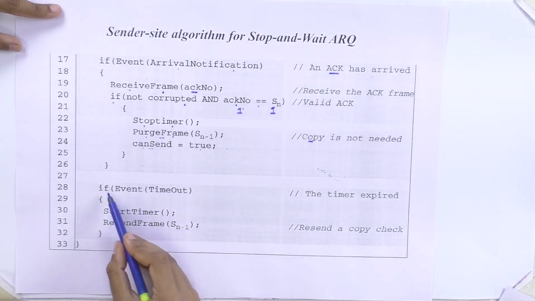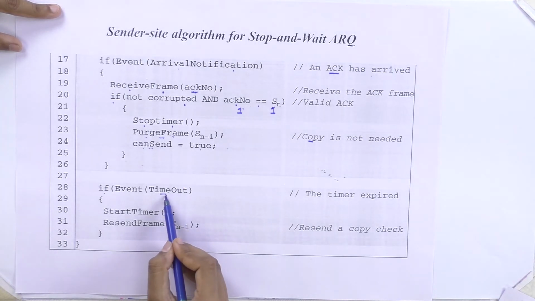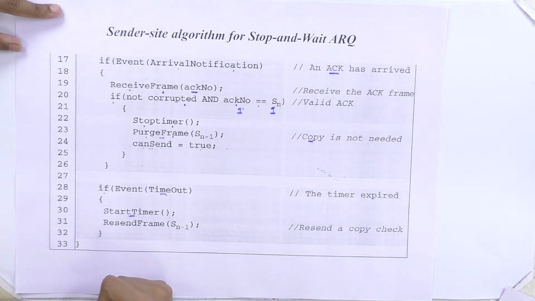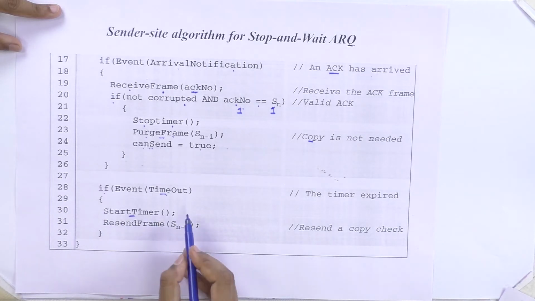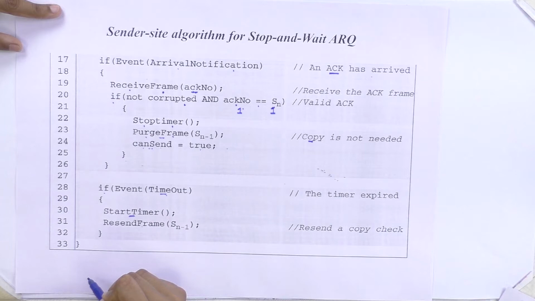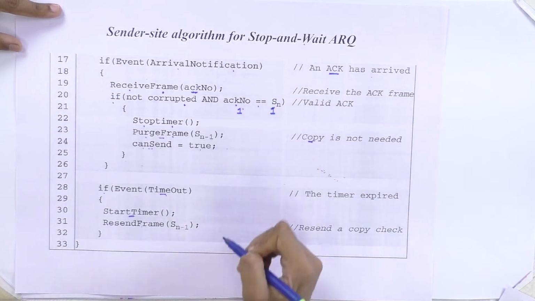If at all the timer runs out before the acknowledgement is received, the timer will be started again and that particular frame, that is Sn-1, the previous frame, will be resent. So this is the sender side algorithm for Stop and Wait ARQ.